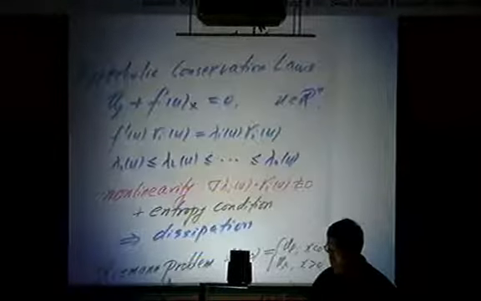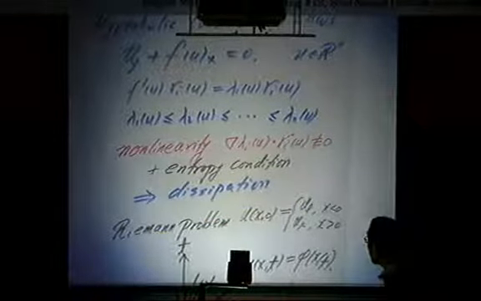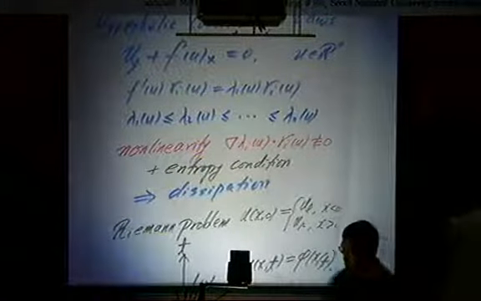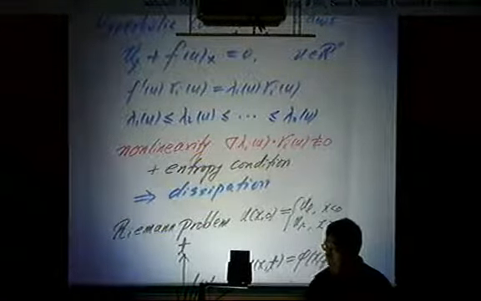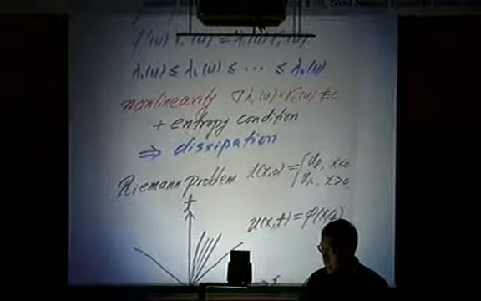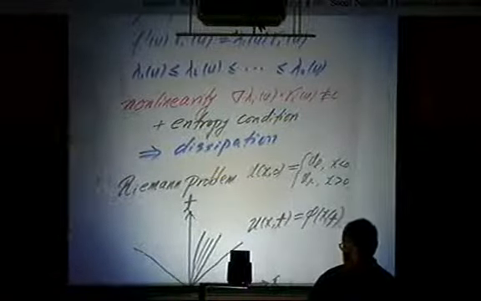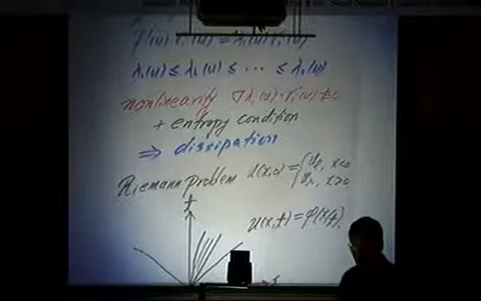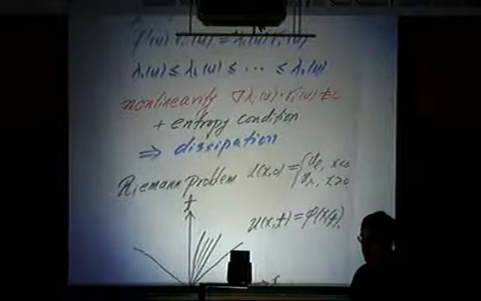All right. So I'm going to first talk about the Hyperbolic Conservation Law. I'm going to assume it's hyperbolic, which means that there's a wave which propagates with the speeds lambda 1, lambda 2, lambda 3. And there's a nonlinearity which says that this speed itself changes with the unknown function u itself.